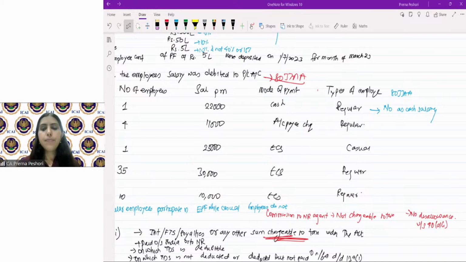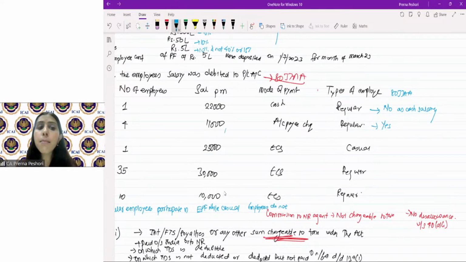Yes, correct. In this case, it will be allowed because this will be considered as an additional employee. The salary is paid by account payee cheque. Further, the employee is covered under the recognized provident fund. The salary of the employee is less than 25,000 per month, and the employee is employed for a period of more than 240 days during the year. So yes, this will qualify for 80JJAA.